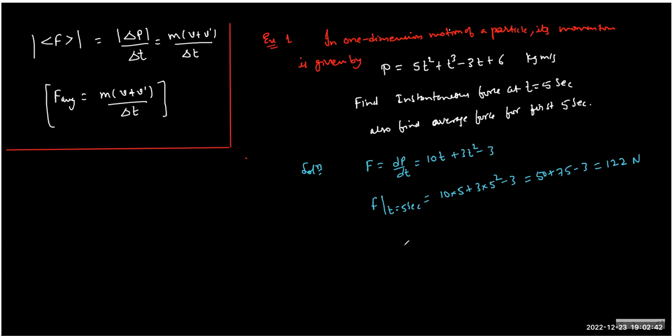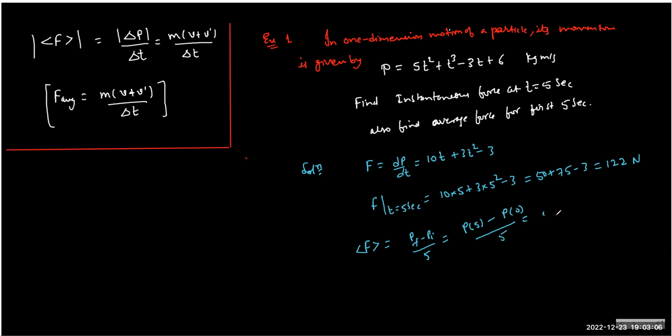So okay, what is the average value? 47. So we have to find the answer from final minus initial upon time. Time is 5 seconds, right? So final means the momentum at t equals 5. Initially it is 0.